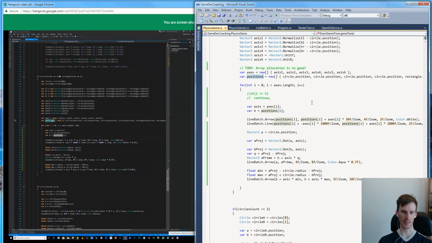But we should come up with a sensible name for this so that we can go through and rename everything. So let's call it axis base. How's that sound? Sure.